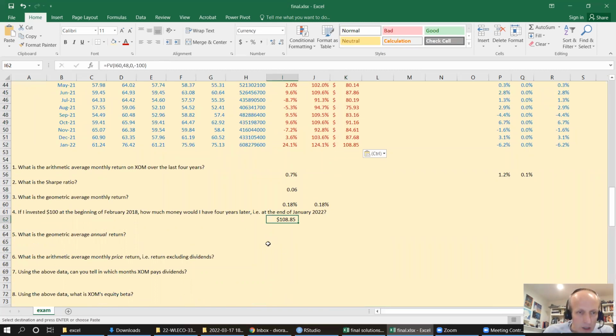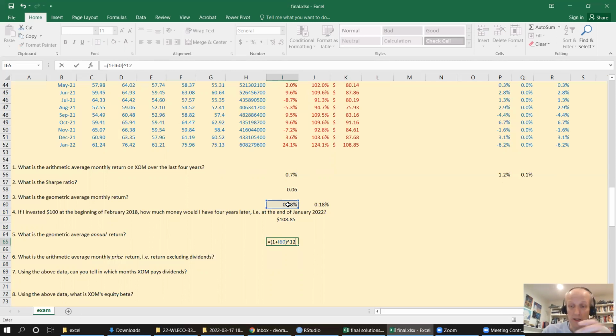What is the geometric average annual return? Again, we could do this a number of ways. We can take the gross, 1 plus the geometric average monthly return, and take it to the 12th power because it's 12 months.